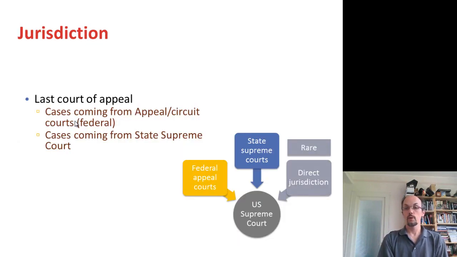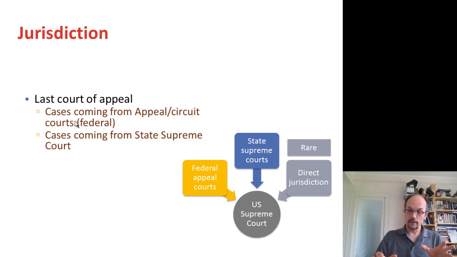What does the Supreme Court do? Well, first, it's a court of appeal. It's a court of appeal from federal courts, but also from state Supreme Courts.